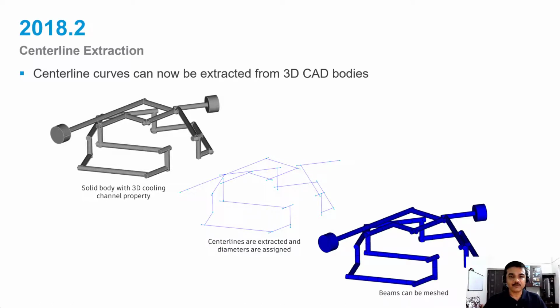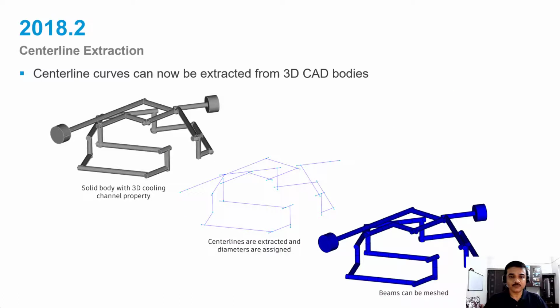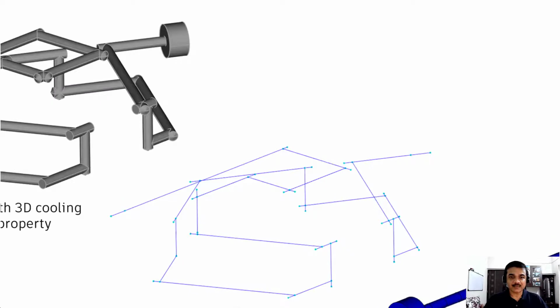When you import this STEP file into Synergy, there's a way you can extract the cooling lines out of it, and it reduces a significant amount of time, especially if it is complicated multi-layer cooling channels. This way you can save significant time, and you are able to see that some of the channels are open channels.